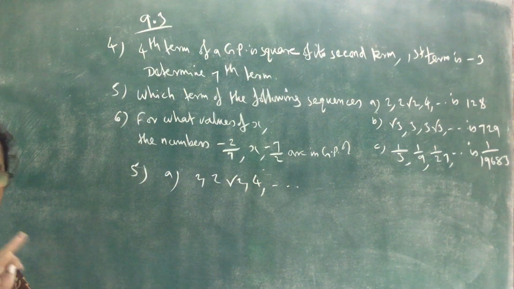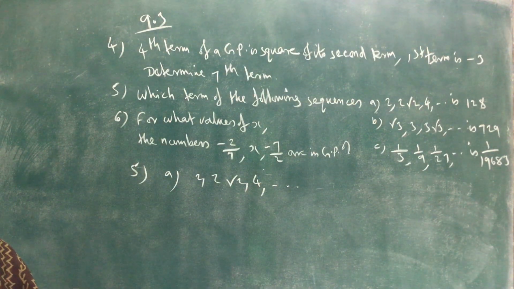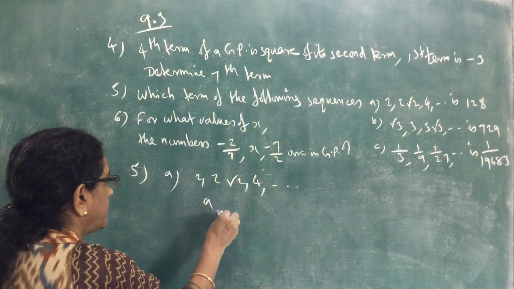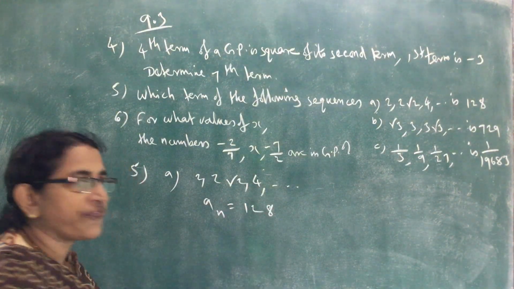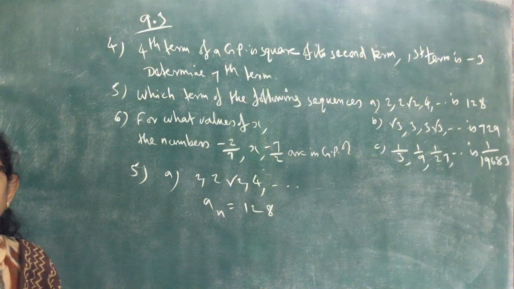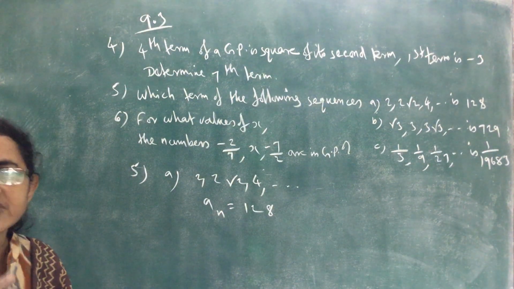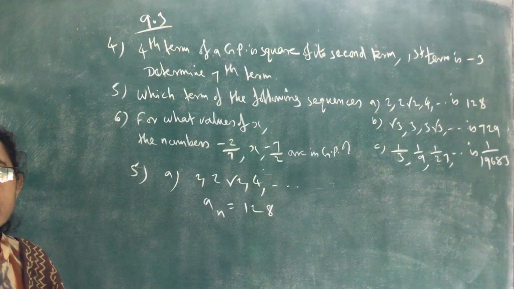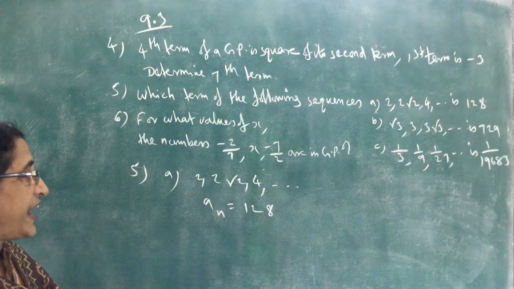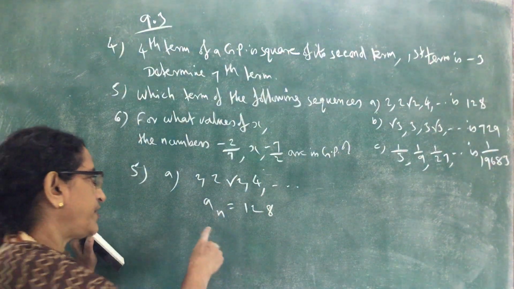So we want to find which term is 128. So we take nth term as 128 and we find the n. Which term is 128 means we have to consider that term as nth term. So an equal to 128 and we have to find the n.